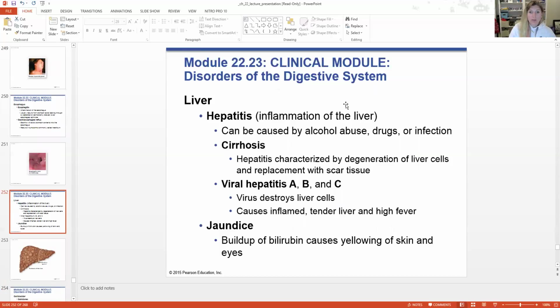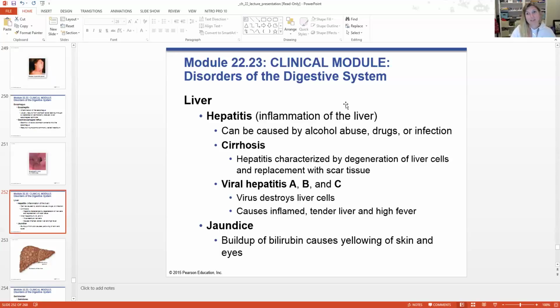With the liver, we have hepatitis, which is simply just a generic term for inflammation of the liver. This can be caused by alcohol abuse, drugs, or even infections. Cirrhosis is a version of hepatitis that's characterized by the degeneration of those liver cells, and it's replaced with scar tissue.